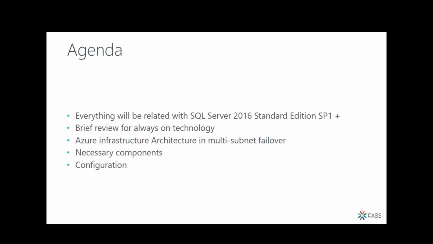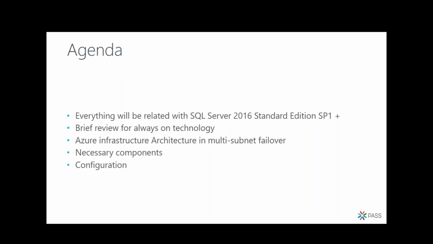The next thing is, right now everyone is moving to the cloud. Most of the companies are actually going to the cloud. Having a cloud, in this case Azure infrastructure, they can be backed up between different data centers.